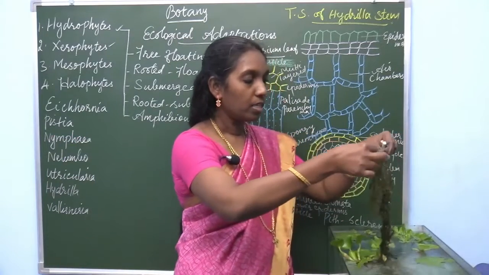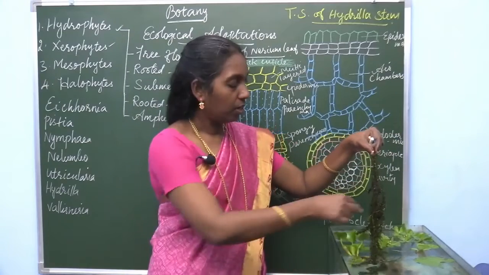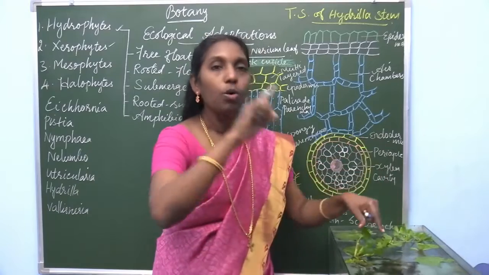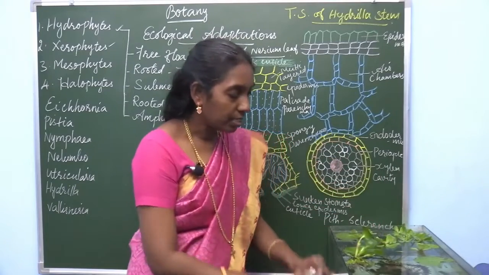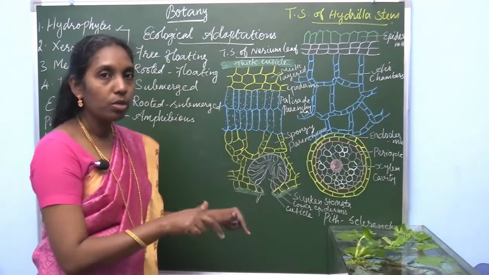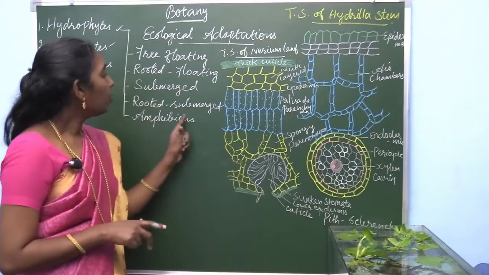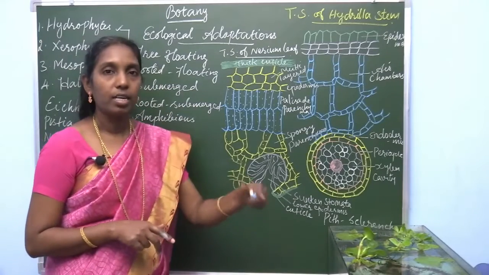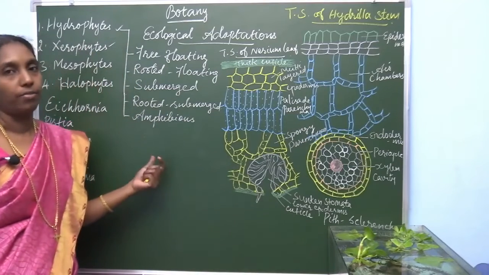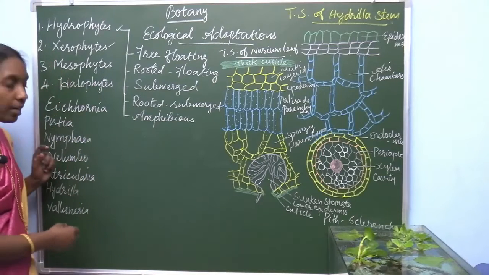The root is attached in the soil, but there is no contact with the air. It is submerged, immersed within the water, but the root is attached with the mud. So Vallisneria as well as Hydrilla are examples of rooted submerged hydrophytes. Another example, amphibious hydrophytes, Ranunculus.